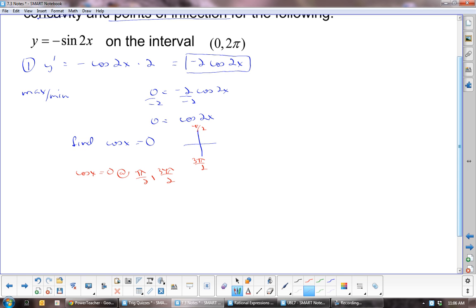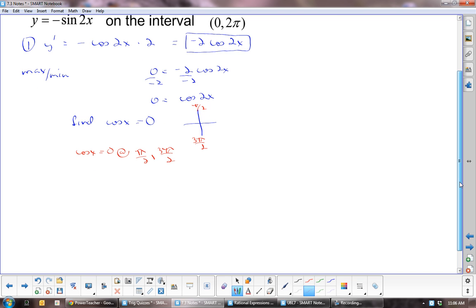Okay? Now if cos x has two answers, cos 2x would have 4. So cos 2x, we want to say would have 4 answers. 1, 2, 3, 4. Now how do we find the first answer? Multiply by the 1/2.